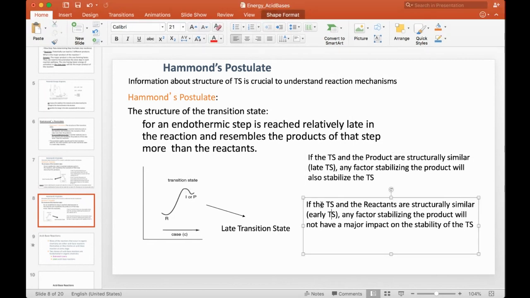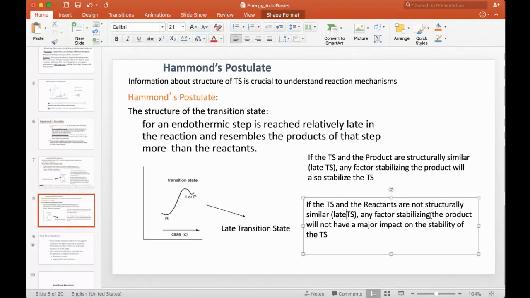And vice versa, if the transition state and the reactant are not structurally similar, which is the case for the late transition state. So here we have the reactant here, the transition state here, they're far away in terms of energy, they are not alike.